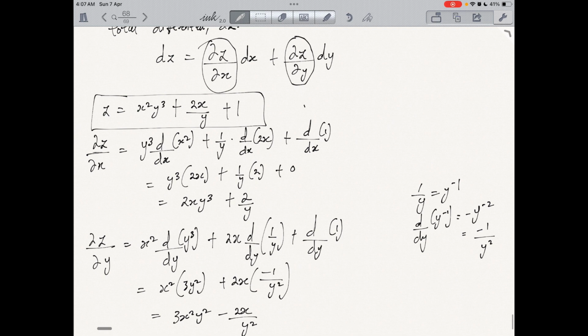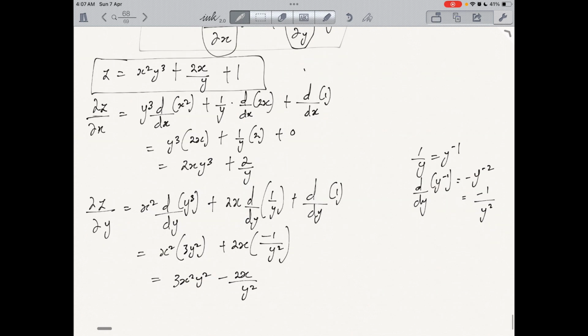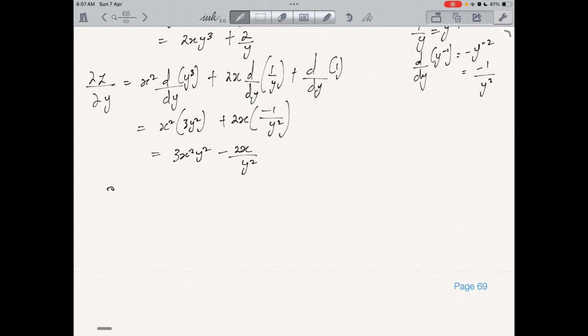So let's recall the formula of our total differential. That dz is equal to dz dx multiplied by dx plus dz dy multiplied by dy.